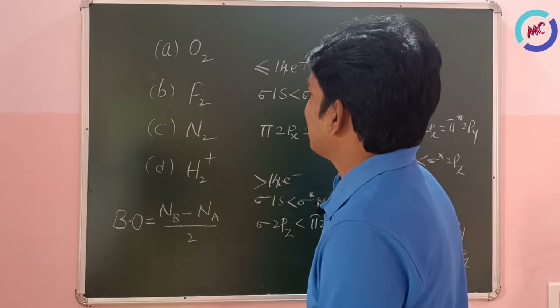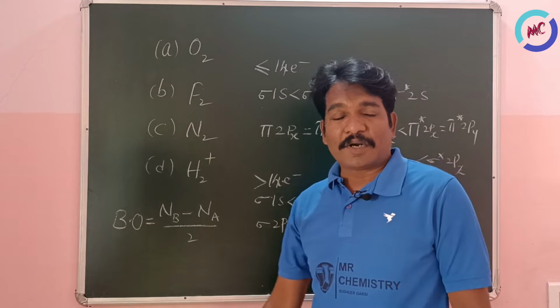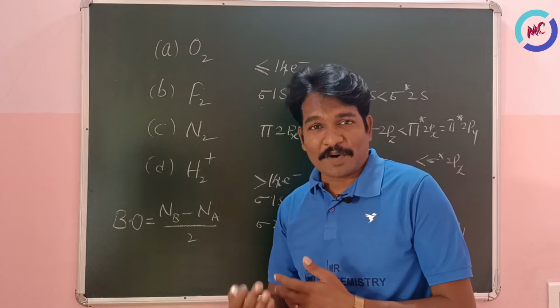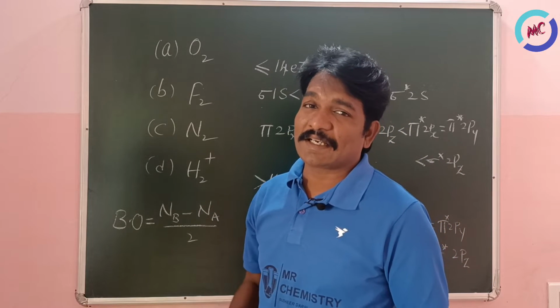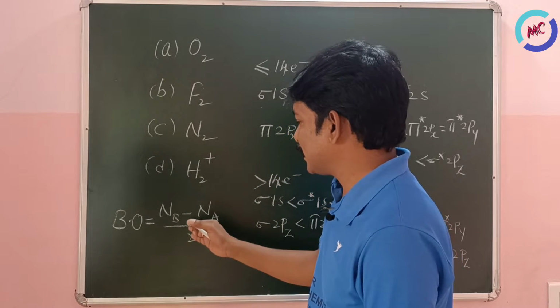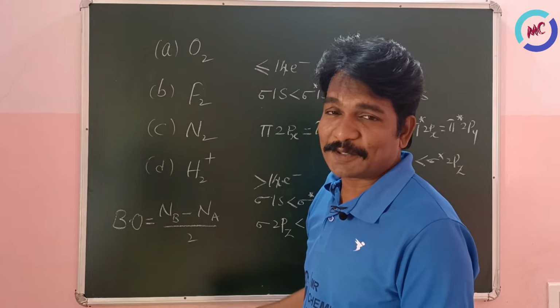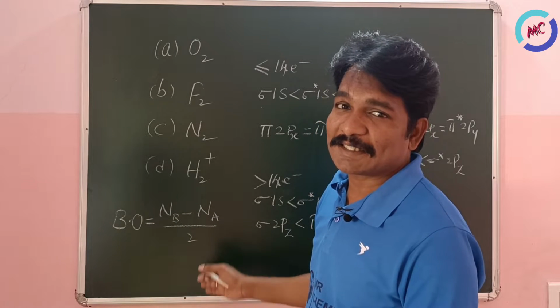See here, O2. We already calculated bond order for O2: number of bonding electrons 10, antibonding electrons 6, and using the formula, bond order is equal to number of bonding electrons minus antibonding electrons by 2. 10 minus 6 by 2 is equal to 4 by 2, that is equal to 2.